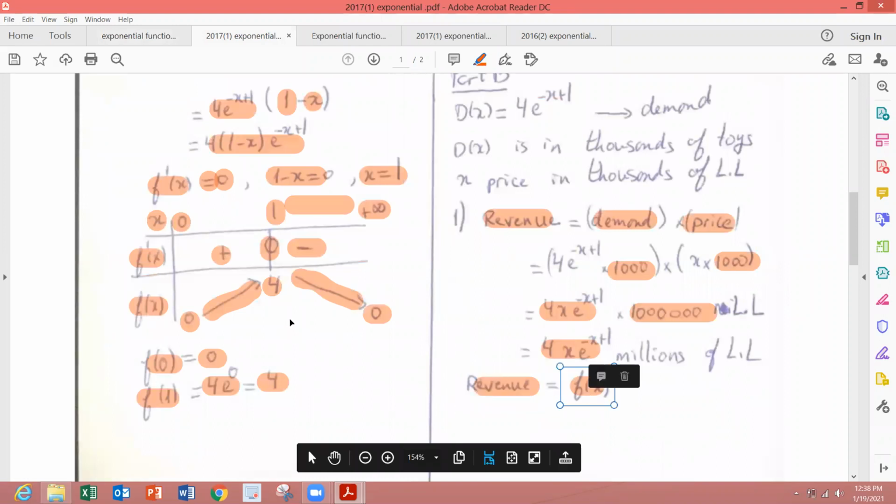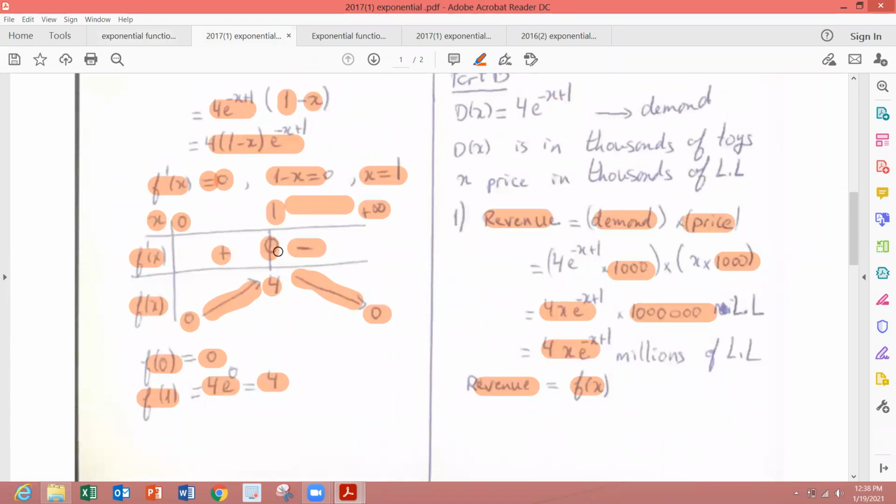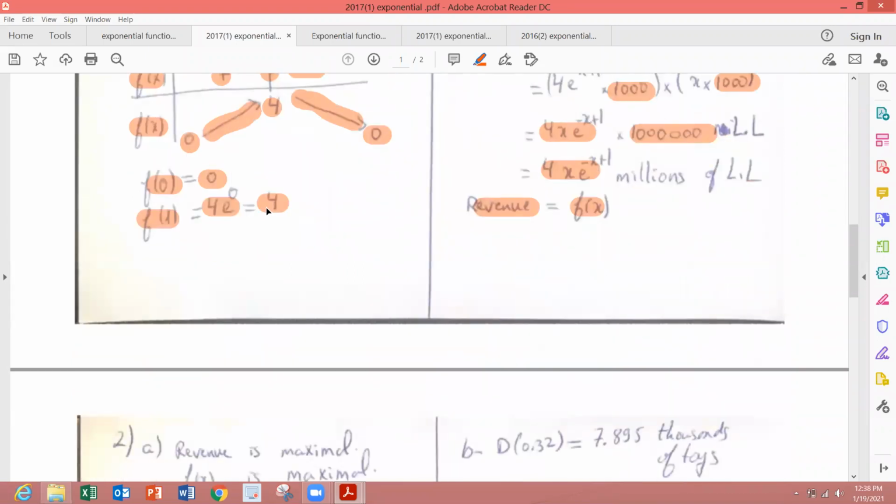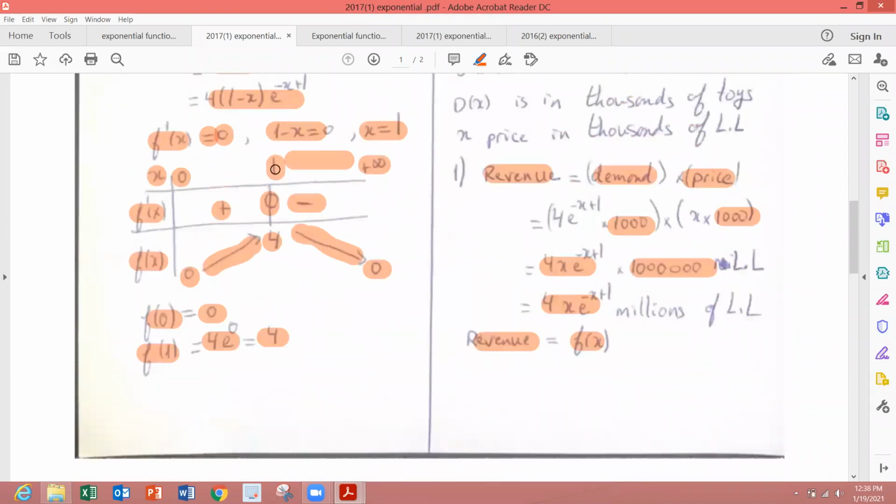When it is maximal, for what value of x? What's the unit? The unit of x is one thousand.